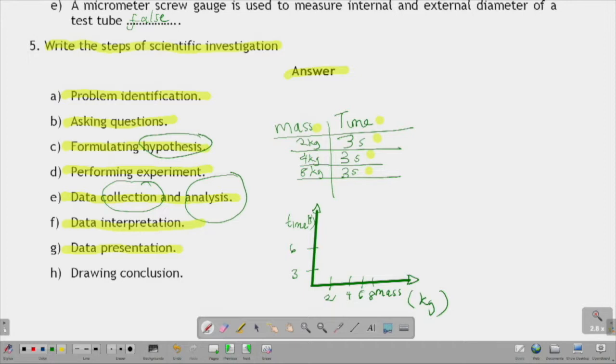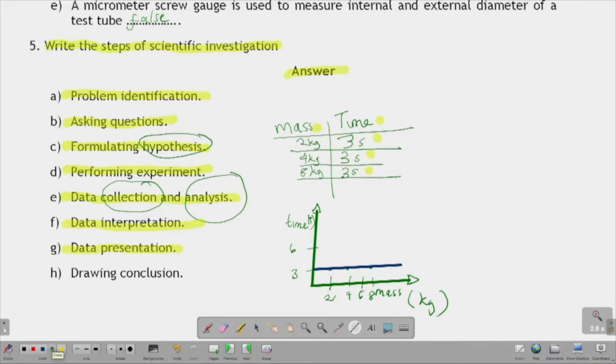Right. So we can see when our mass was 2 kilogram, our time period was 3. When our mass was 4 kilogram, our time period was 3 again. When our mass was 8 kilogram, our time period was still 3. So from here, we can simply draw a line which passes over our points. So this is how we have presented the data that we collected in the form of graph.